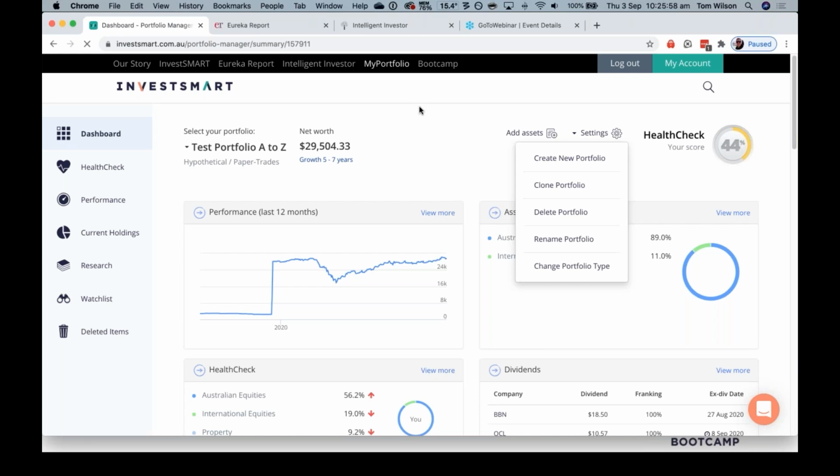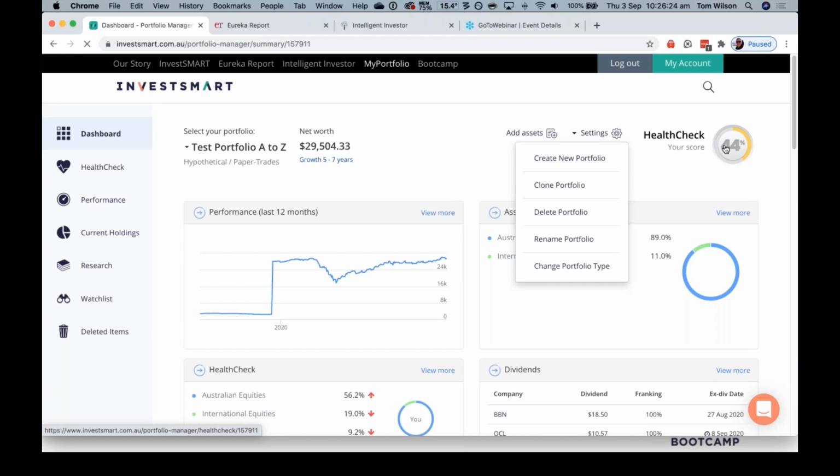So you can actually get a health check here as well, and that compares you to what kind of holdings you should have in terms of what kind of assets you should be allocated in, depending on your portfolio type. So if you said I've got a goal of, like me, saving for a house in 3 years, so it might recommend like a conservative type portfolio.